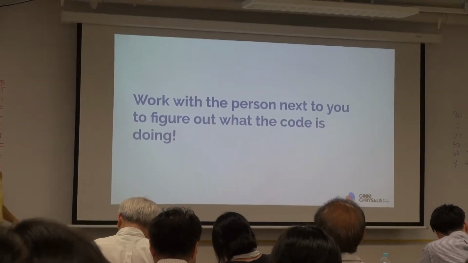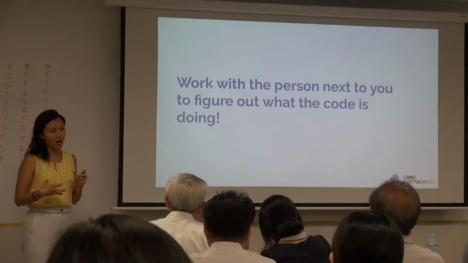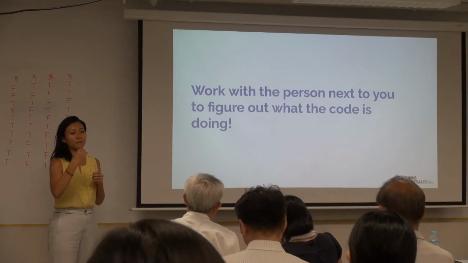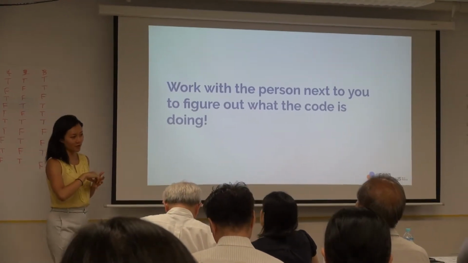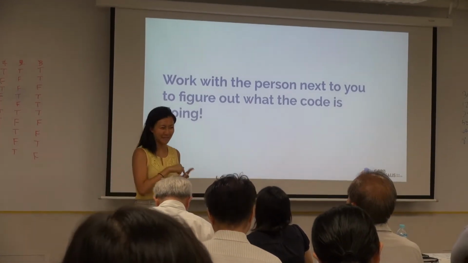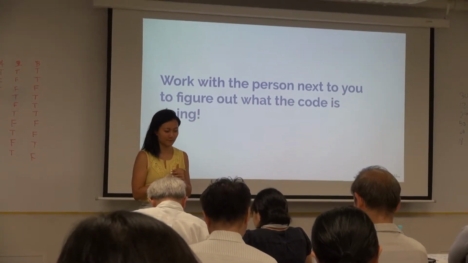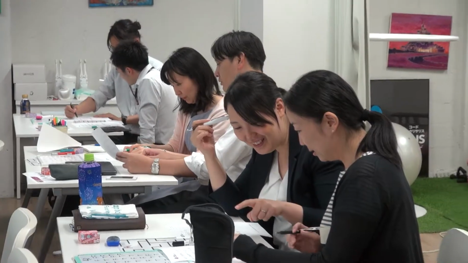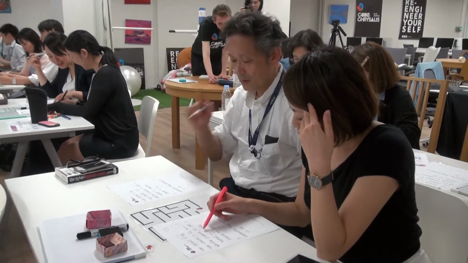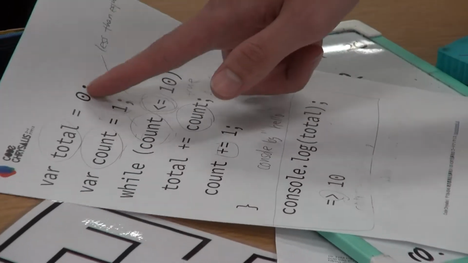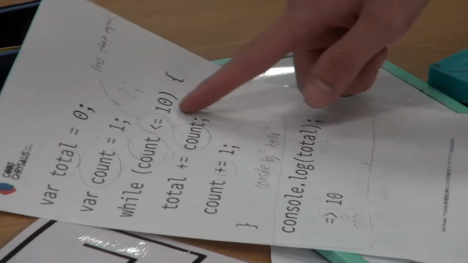You know some of the basic building blocks? So figure out with your partner what is happening. What is happening in this code? So that would then be 1.